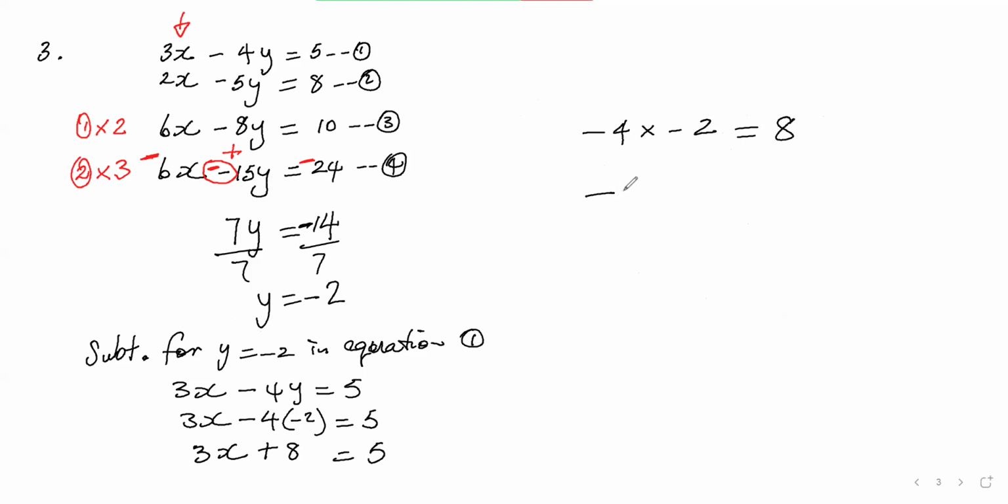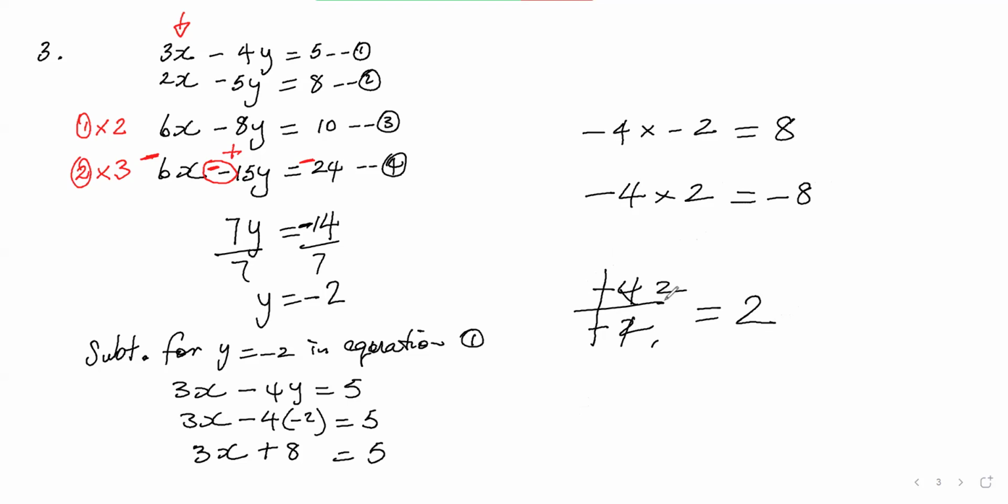If it was negative 4 times 2, the signs are different, so you get negative 8. When we are multiplying or dividing, let's say this was negative 4 divided by negative 2. This answer would be 2 because negative signs cancel out.